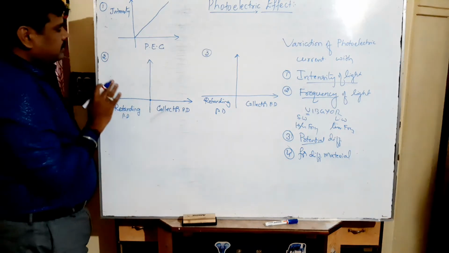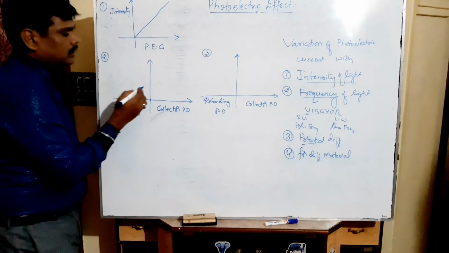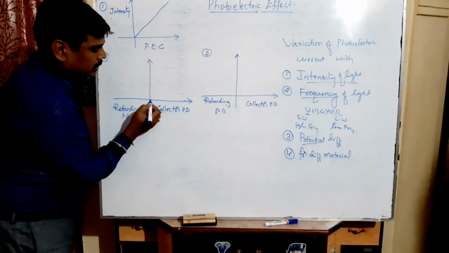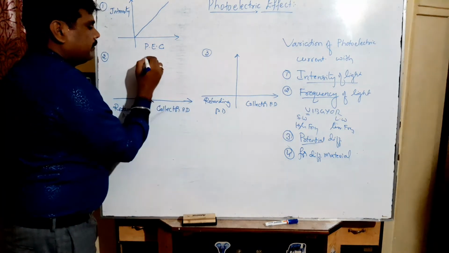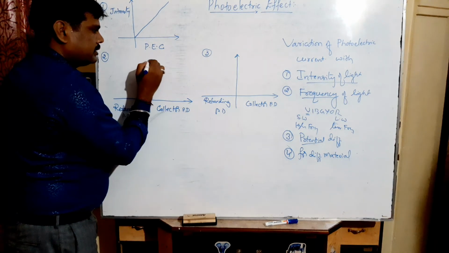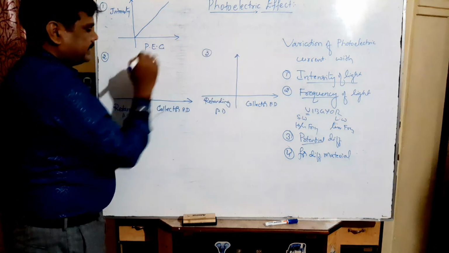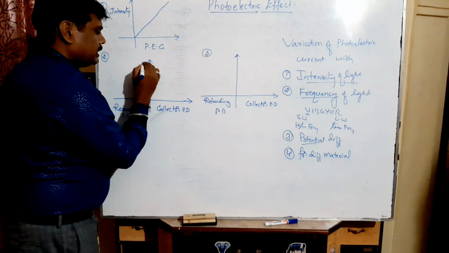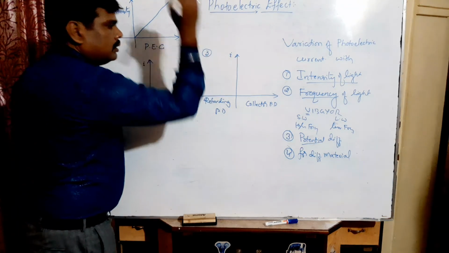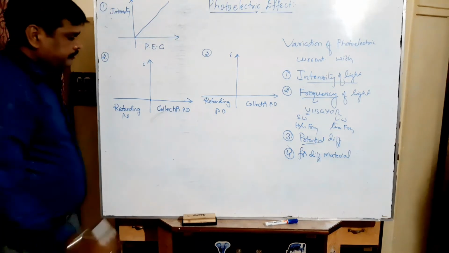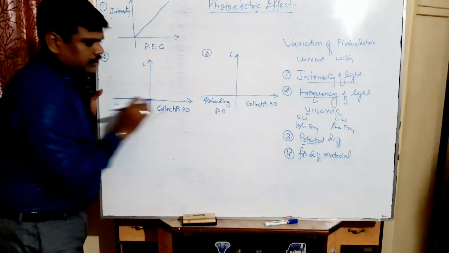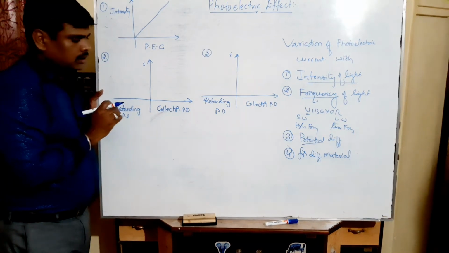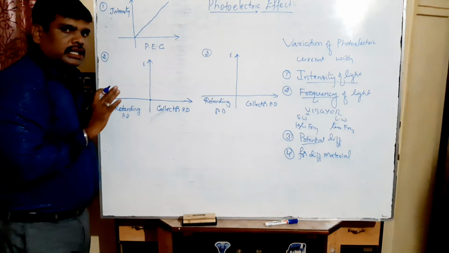Now the photoelectric current we have to consider along the y-axis, so I will consider photoelectric current I. Now, if the collector potential difference increases, how can the photoelectric current be studied?